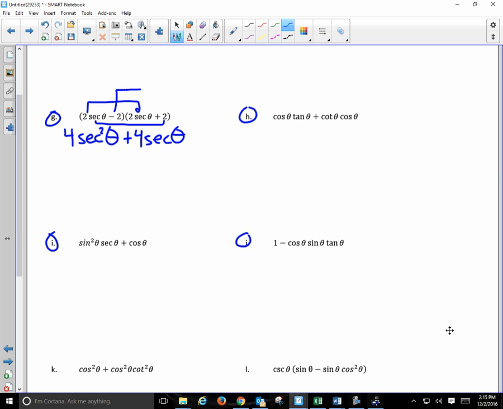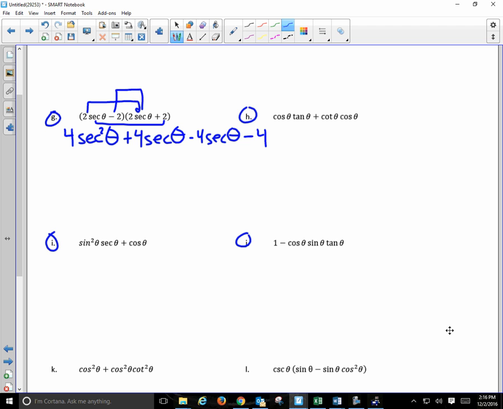Then negative 2 times 2 secant. Negative 4 secant. And then negative 2 times positive 2. Good. So I multiply it out, and I hope that I just come up with something that maybe works.